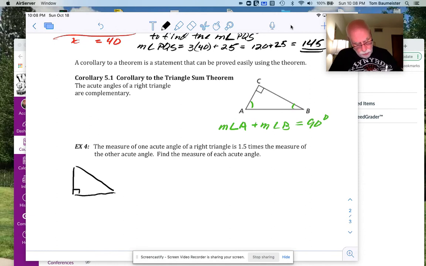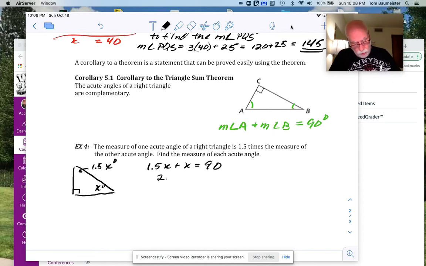So if I let this one here equal x degrees, then this one here is 1.5 times x degrees. All right. So what do we know about those two there? We know that according to the corollary we just talked about, 1.5x plus x is equal to 90 degrees.